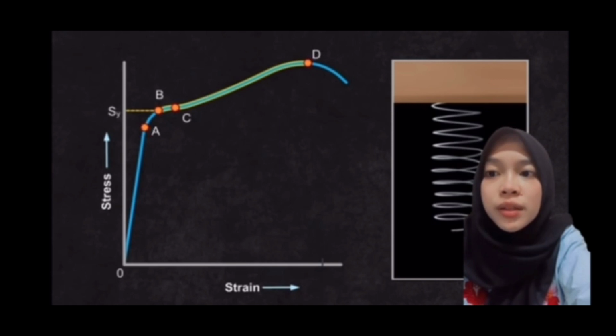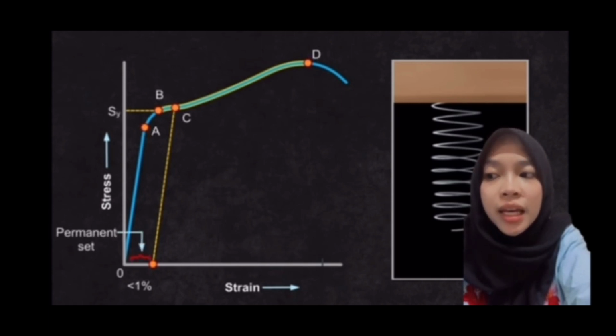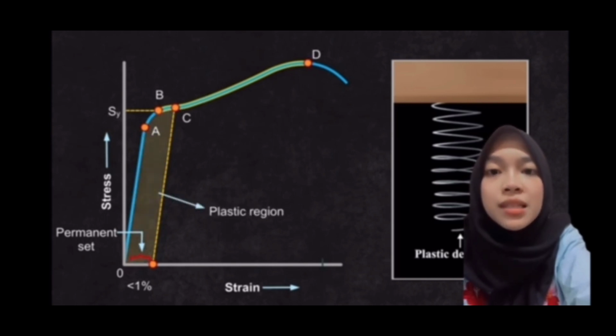When the load is removed at some point C between B and D, the body does not regain its original dimension. Even when the stress is zero, the strain is not zero. The material has a permanent deformation or permanent set. This deformation is said to be plastic deformation, and this region is the plastic region.